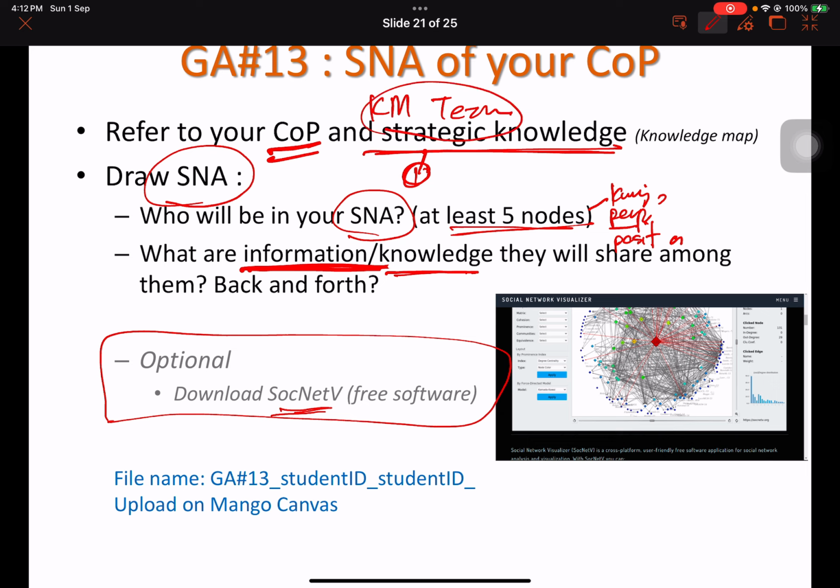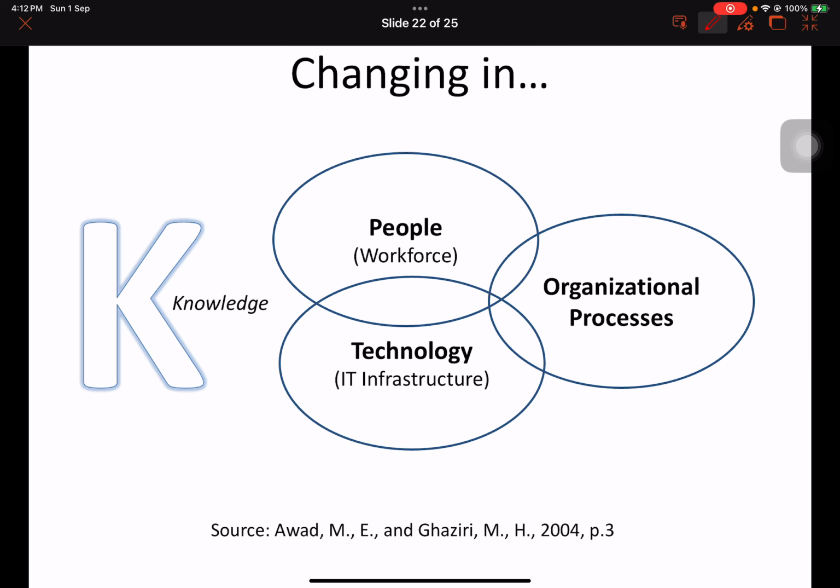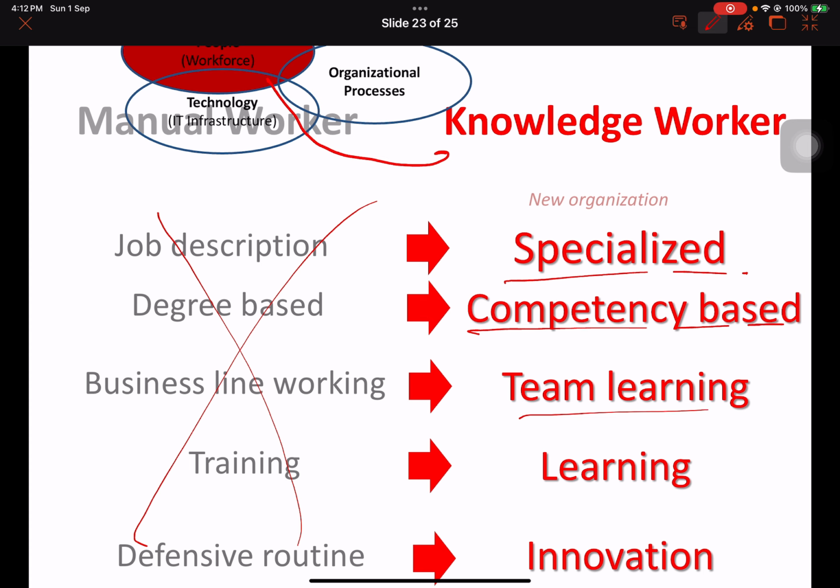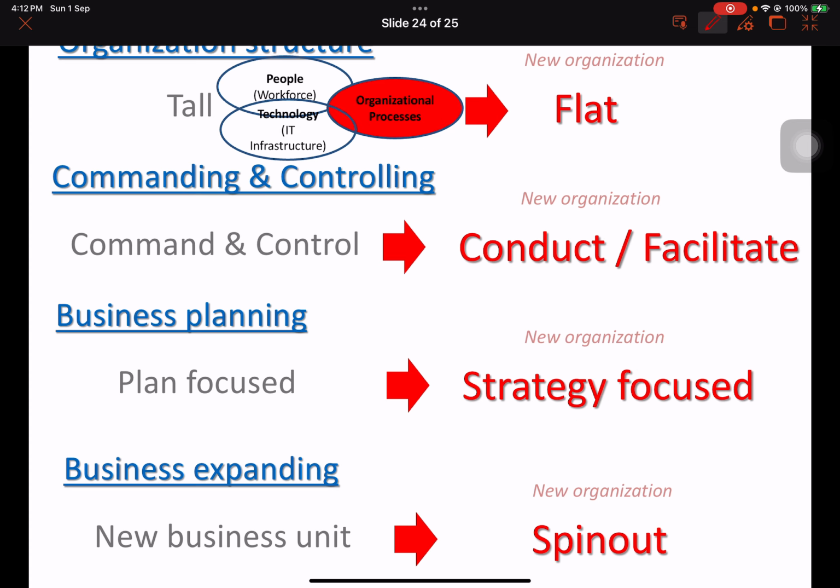So we have already finished adjusting the people, process, and technology. To conclude: on the people perspective, we adjust to be specialized, competency-based, team learning and innovation.